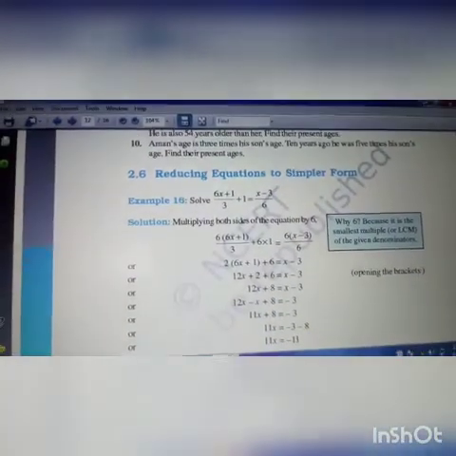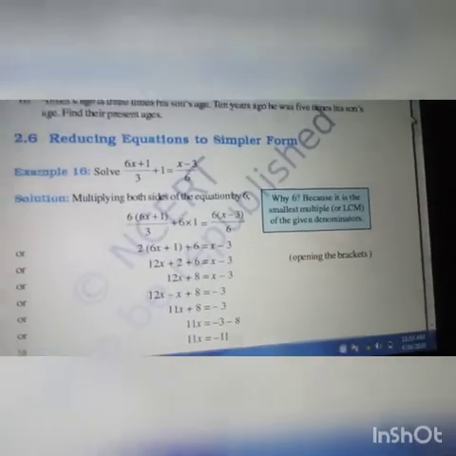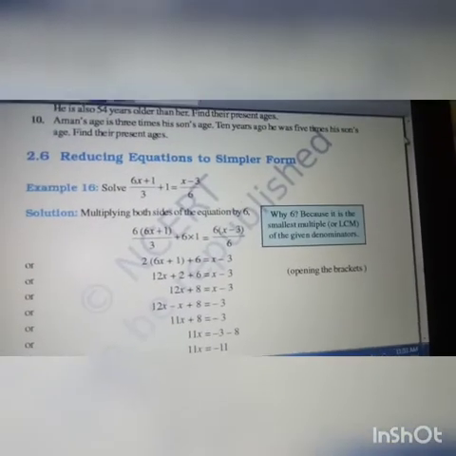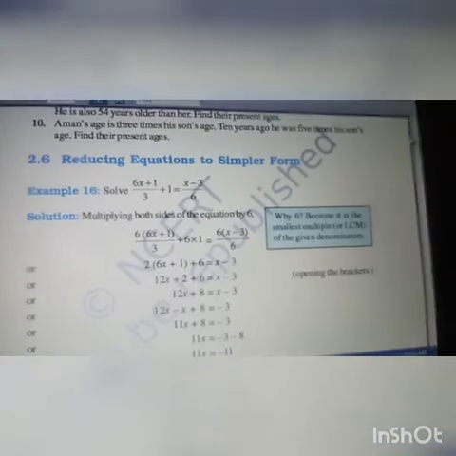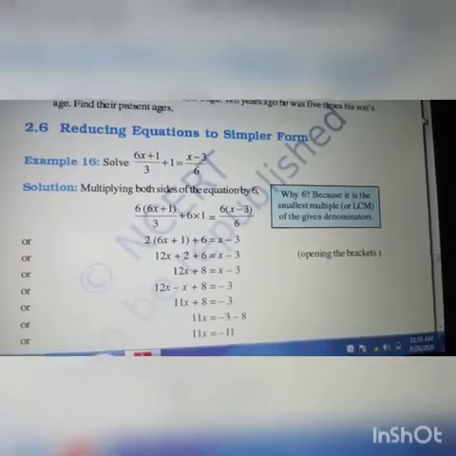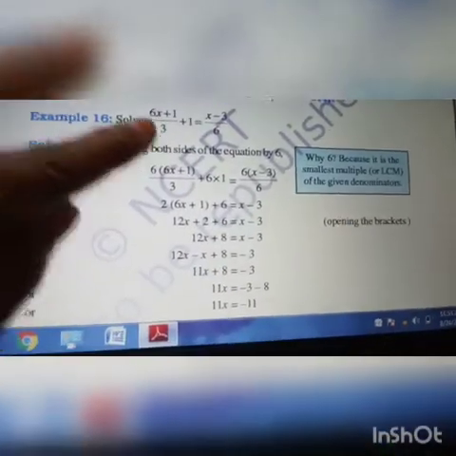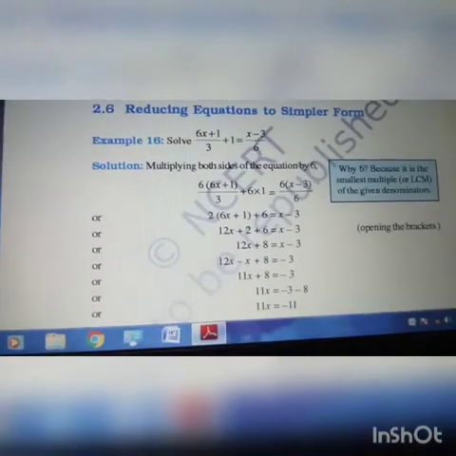Next, reducing equations to simpler form. I already taught you what is meant by reducing equations, when the equations are somewhat complicated. If it is very complicated, you don't directly solve it because it is difficult for you to solve. So we will make it very simple and then you can solve the equation. Here see this sum, (6x plus 1)/3 plus 1 equal to (x minus 3)/6.